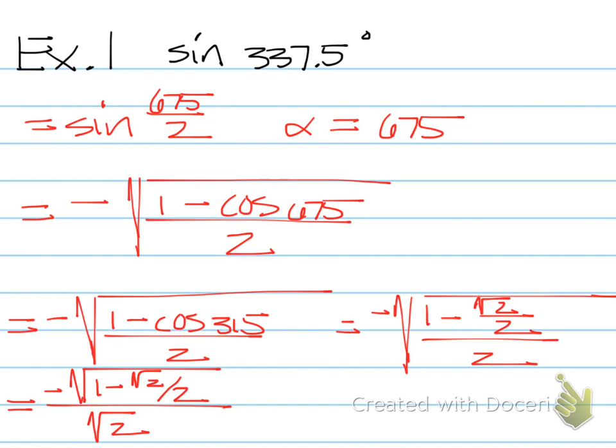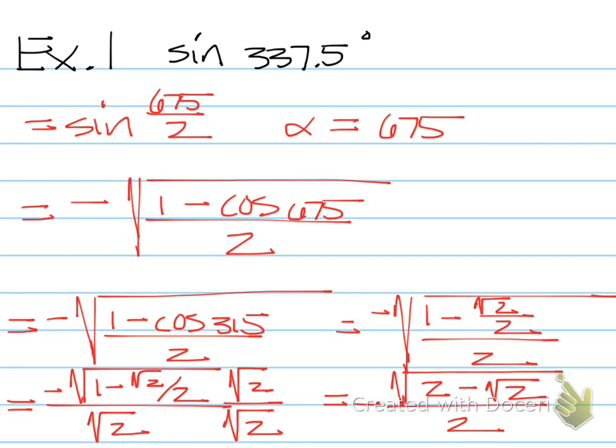All right, and that is the same thing as the square root of 1 minus the square root of 2 over 2, divided by 2. So to rationalize the denominator, we're going to multiply the numerator and denominator by root 2 over root 2, giving us negative square root of 2 minus root 2, all of that over 2.